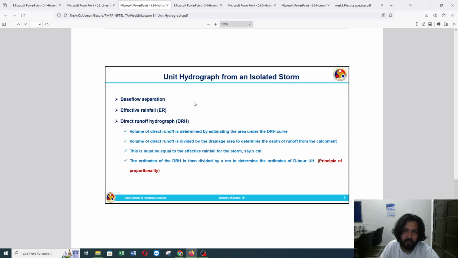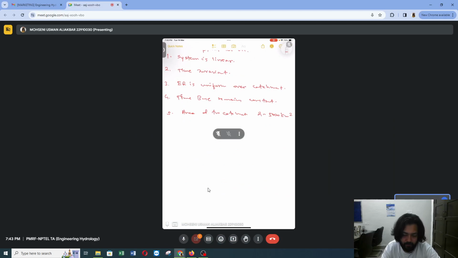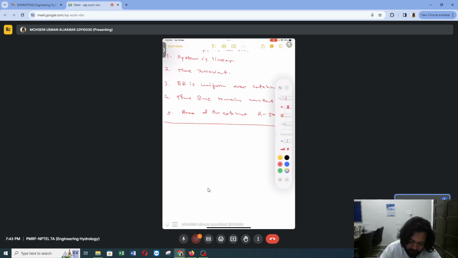So what are the steps to derive a unit hydrograph from an isolated storm? We can note down the procedure, it would be easier if we look at the procedure. So we are deriving a unit hydrograph from an isolated or single storm event.